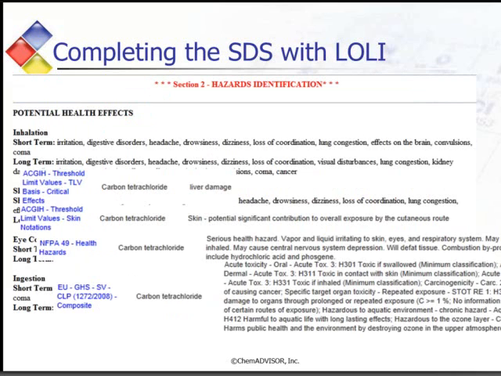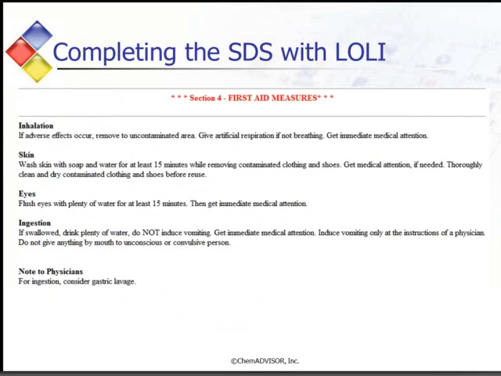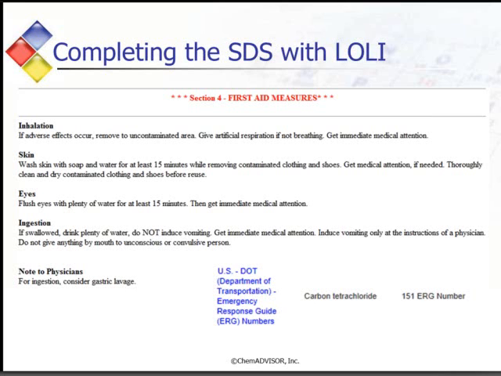Section 4 of the safety data sheet is your first aid information, and first aid information must be identified by route of exposure. Information from the DOT emergency response guide: LOLI will identify the emergency response guide number. In this case, for carbon tetrachloride, it's 151.